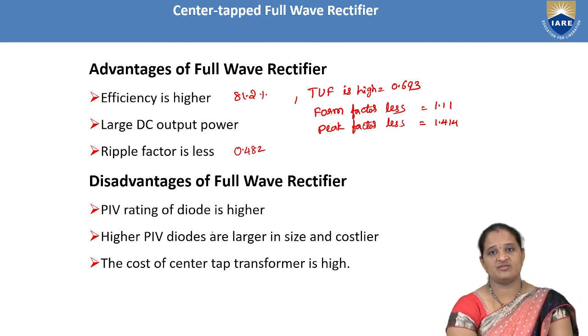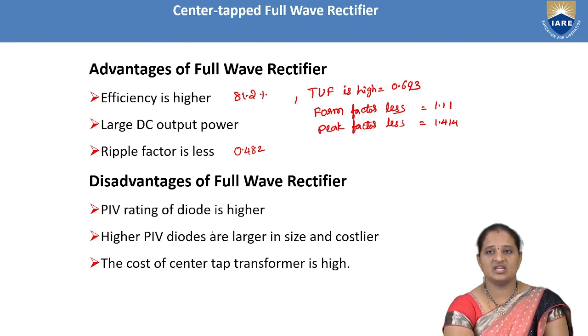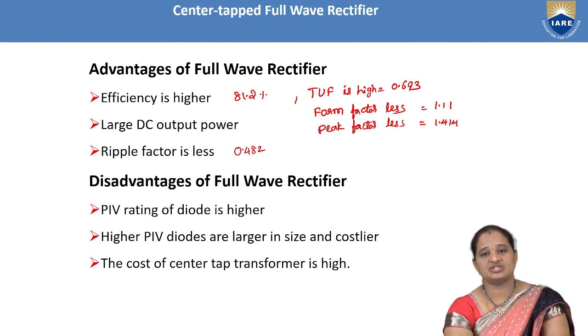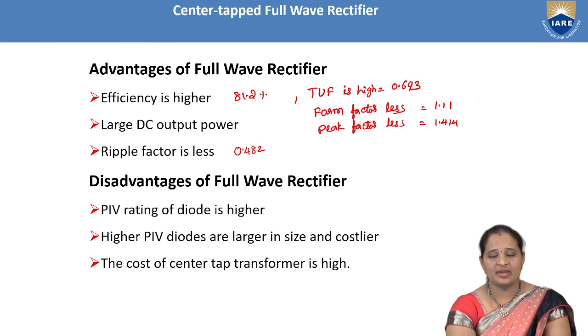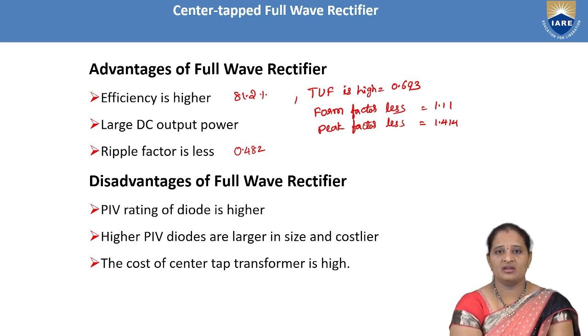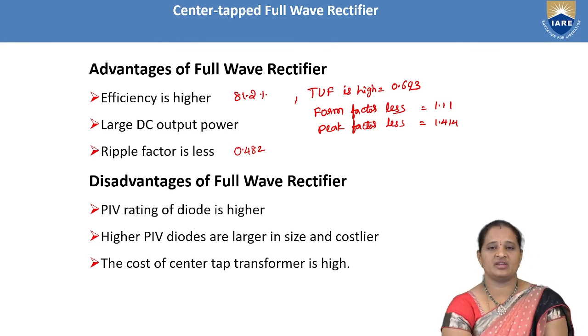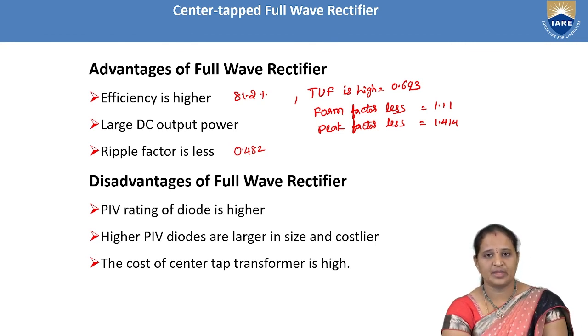Now coming to the disadvantages. As we have seen, center tapping is provided in the secondary winding, so the cost of the center tap transformer is high. Providing a tapping in the secondary winding is costlier. When compared to the half wave rectifier, the circuit complexity of this full wave rectifier is somewhat higher.